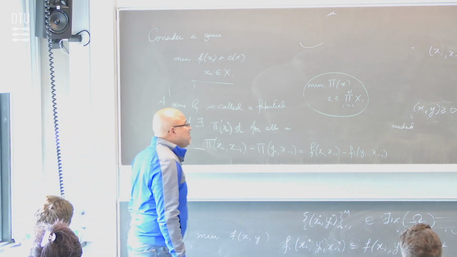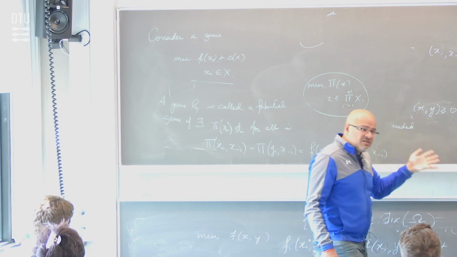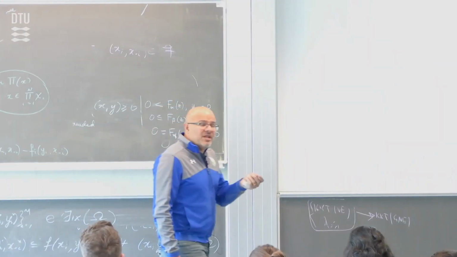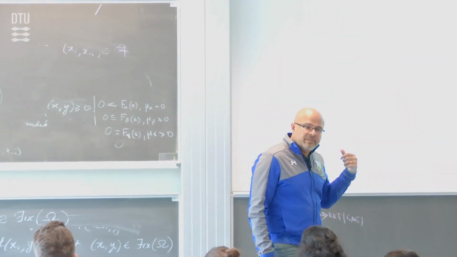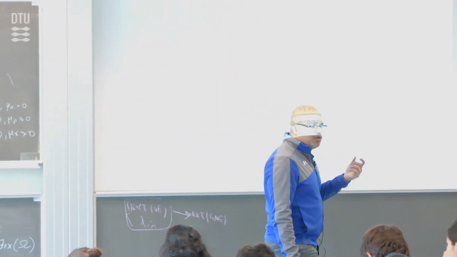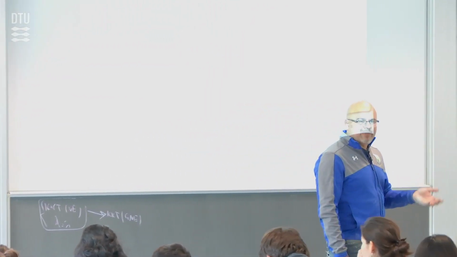If you have coercivity, you can also get that. And if you get a minimum, then you've got a Nash equilibrium. So the potential game provides you with a vehicle to claim existence.